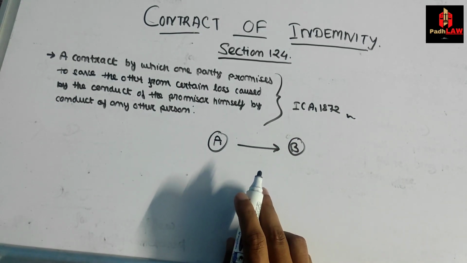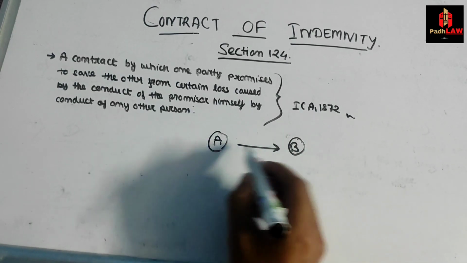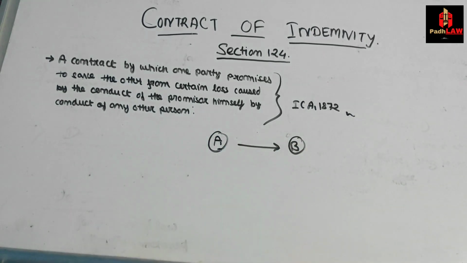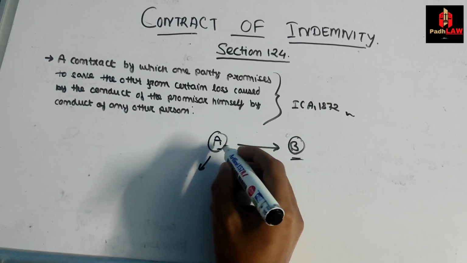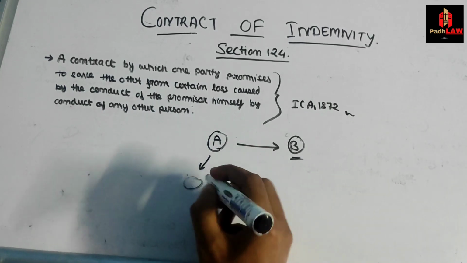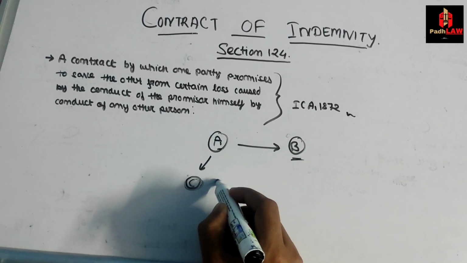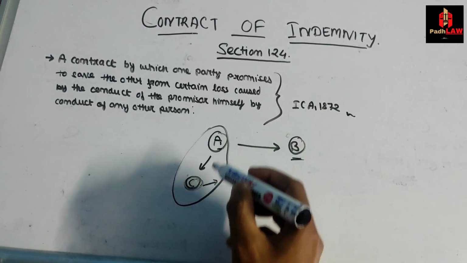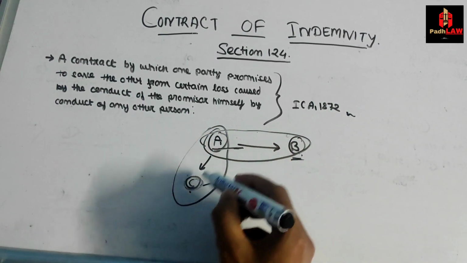What happened if A couldn't pay something under the contract to B, then he had a promiser that on behalf of A, C will pay that amount directly to B. So this is the contract of indemnity.